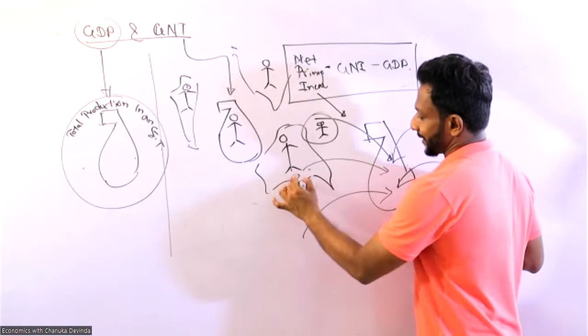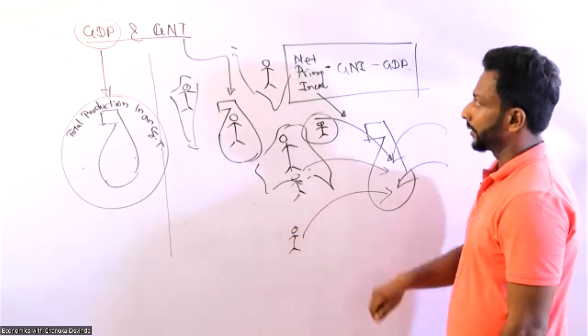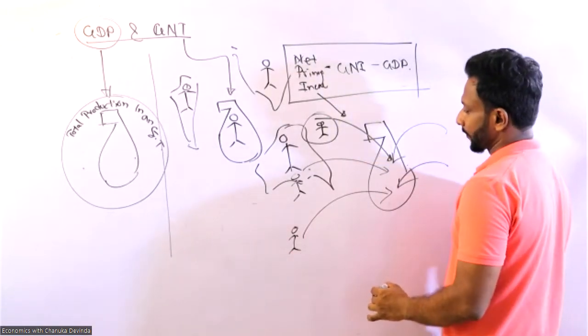So that is the receipt from net primary income.